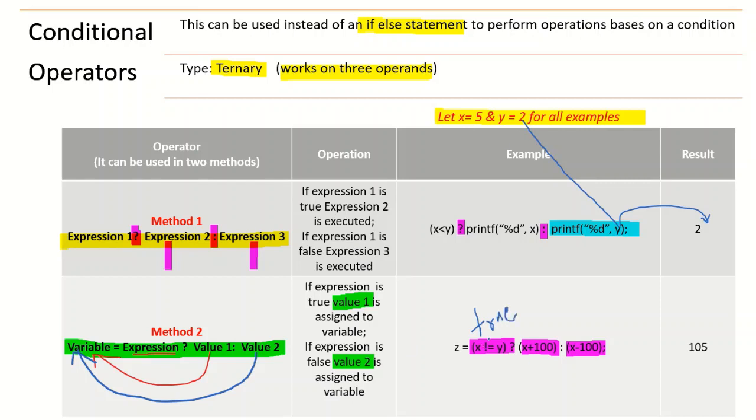True means what happens? The value of x + 100, that is value 1, will be assigned to z. x is initially 5, so 5 + 100 equal to 105 will be assigned to z.